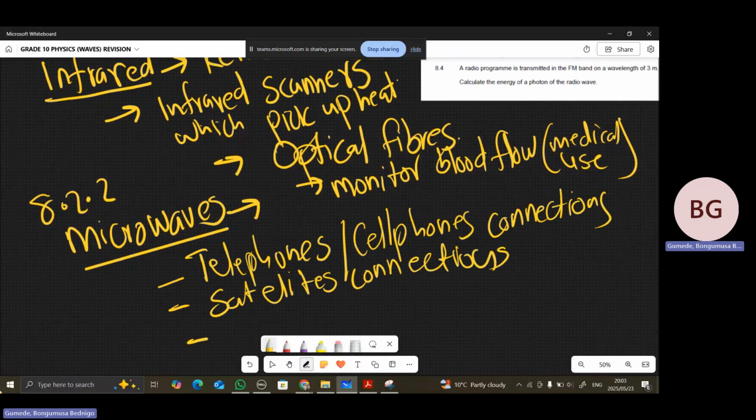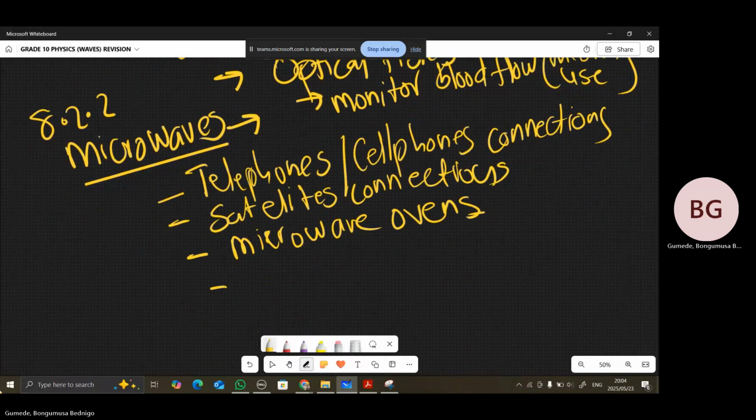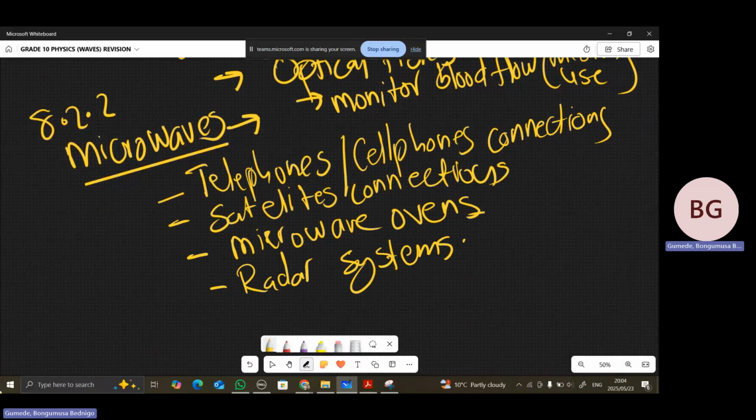They're using microwaves. Can also think about microwave ovens, and radar systems, ships.